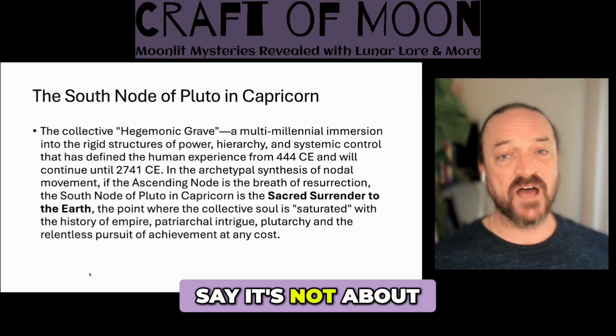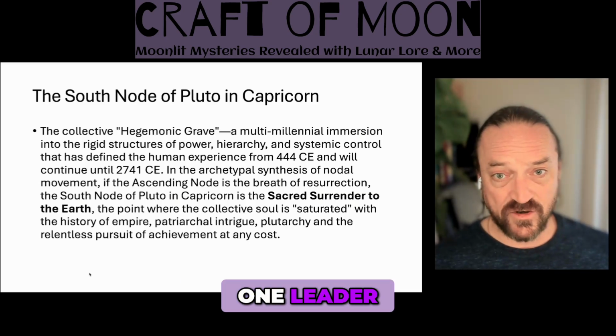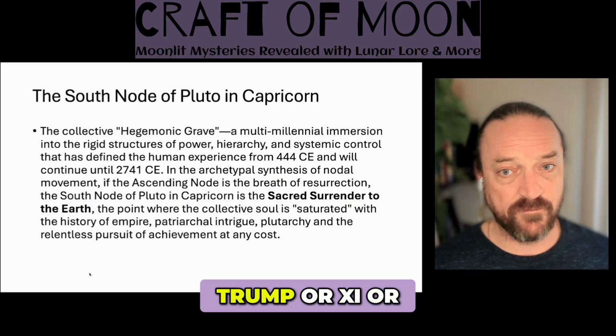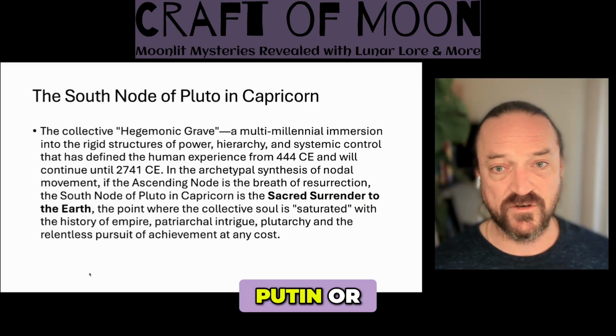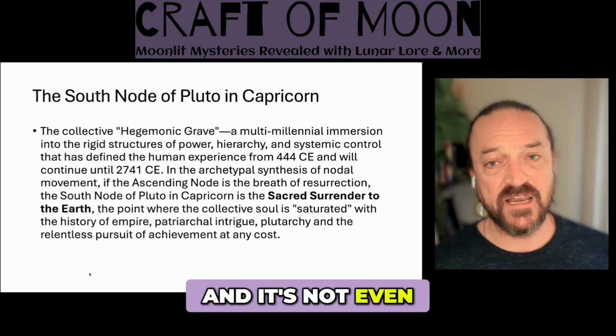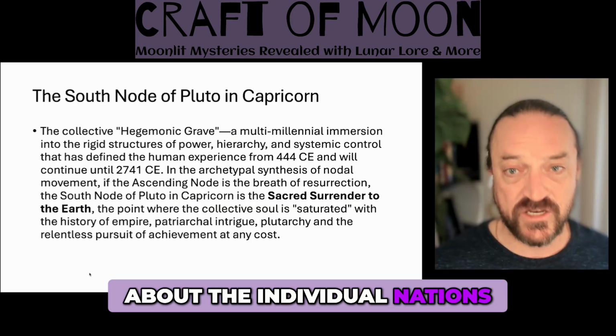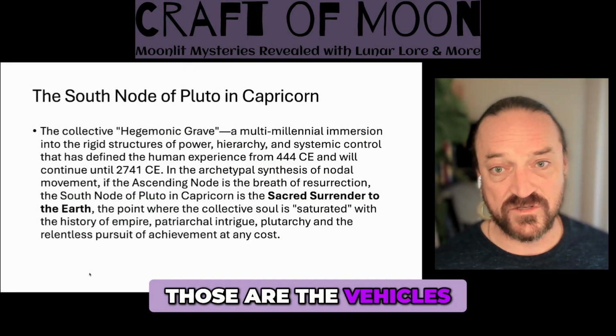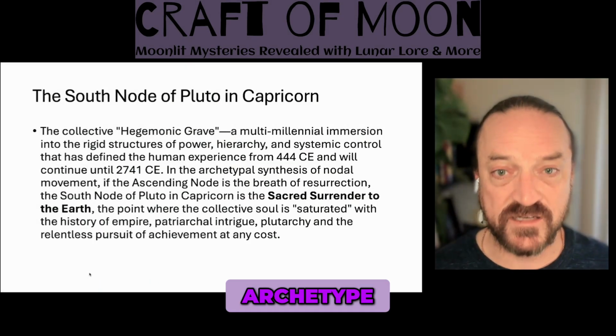And that's why I say it's not about one leader. It's not about Trump or Xi or Putin or Carney, or any of these individual leaders. And it's not even about the individual nations. Those are the vehicles through which this hegemonic archetype arises.